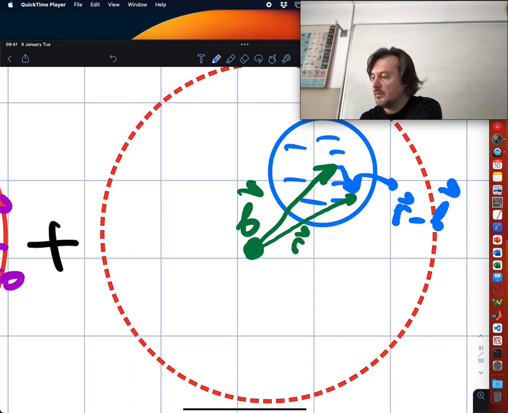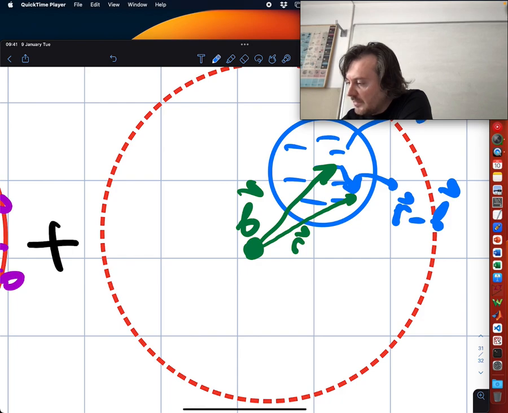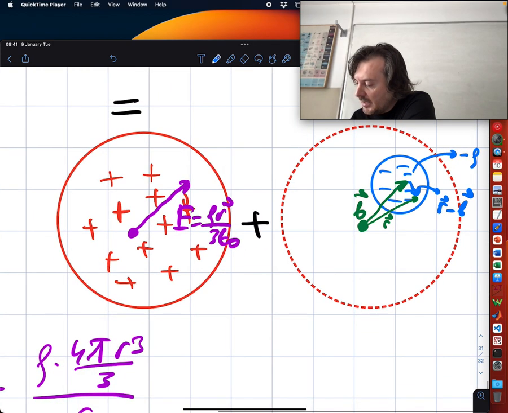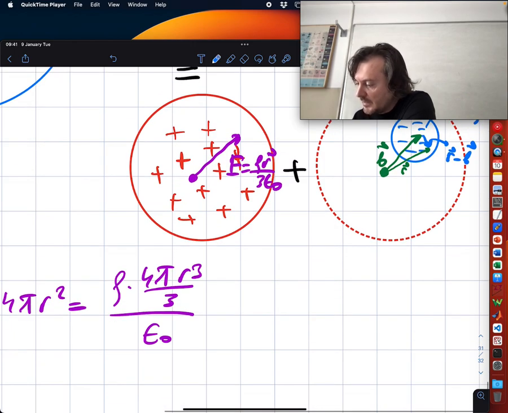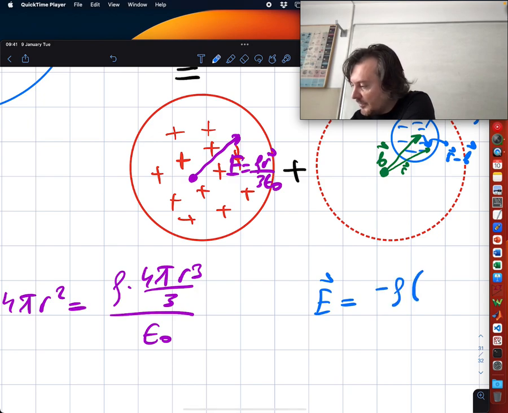Yes? So is this charge density negative rho? Yes? So I'm going to use the same formula for the negative charge as well. So the electric field for that one is negative rho times r minus b over 3 epsilon 0.